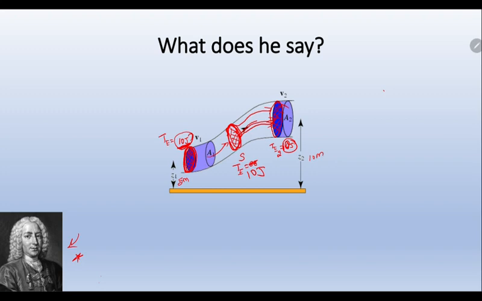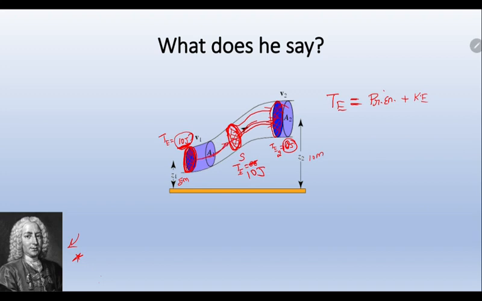Now, my dear people, we are always talking of the total energy. So, what are the different types of energies that this liquid that's flowing has? Let me tell you. It has the pressure energy, plus it has the kinetic energy, since the liquid is moving.